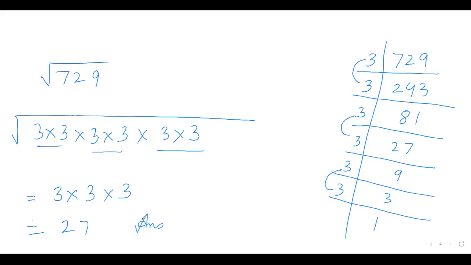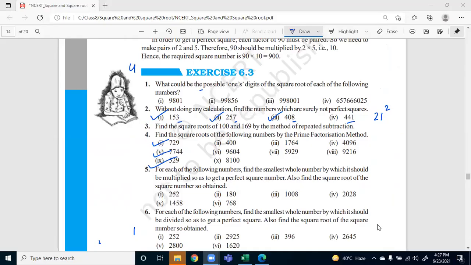Okay, so I'm showing you the next question that you have to try by yourself. That is, you try second, fifth and ninth part. Ma'am, can I tell the second part?